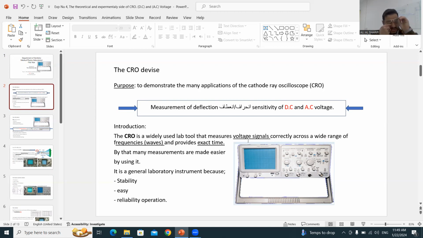By that, many measurements are made easier by using it. It has other advantages: stability, ease, and reliability of operation.